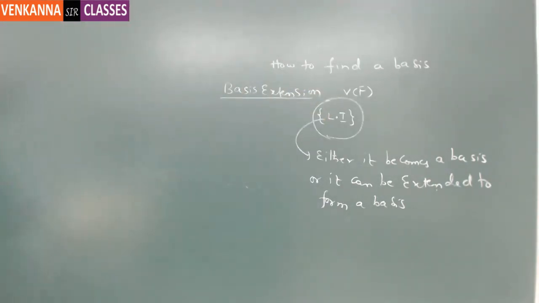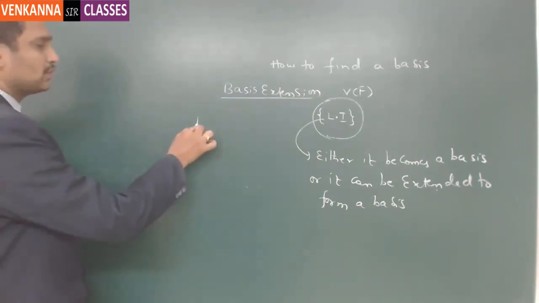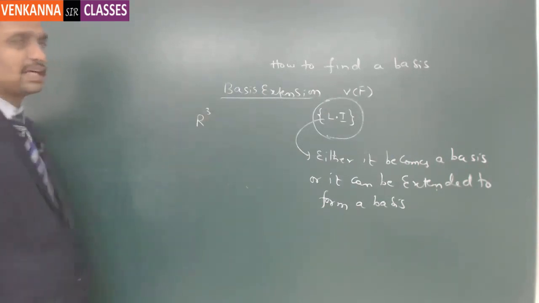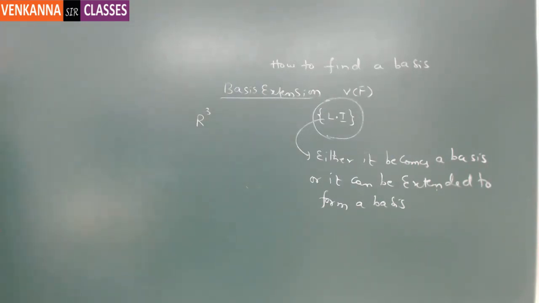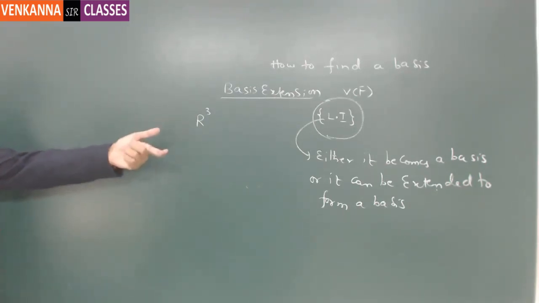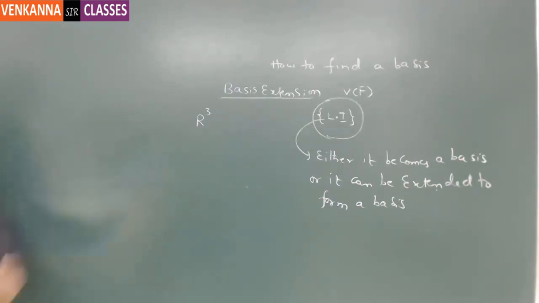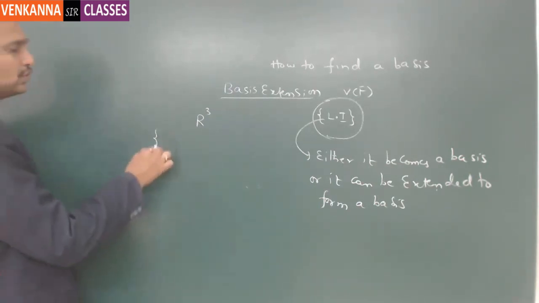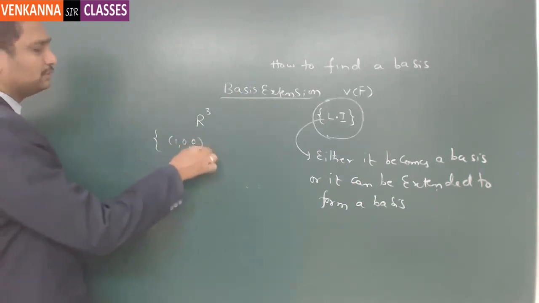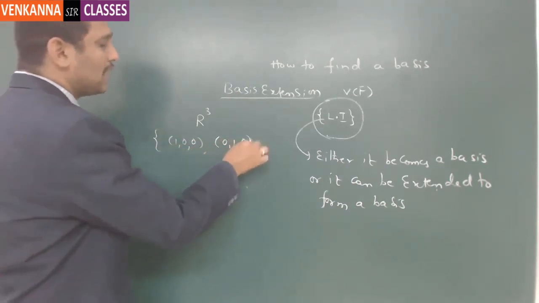And if you talk of the geometrical significance of the basis, suppose you take the vector space R cube over the real numbers. As we know, for every finite dimensional space, we will have a basis. For this, the default basis is nothing but the combination of ones and zeros. So it is nothing but 1 0 0, 0 1 0 and 0 0 1.